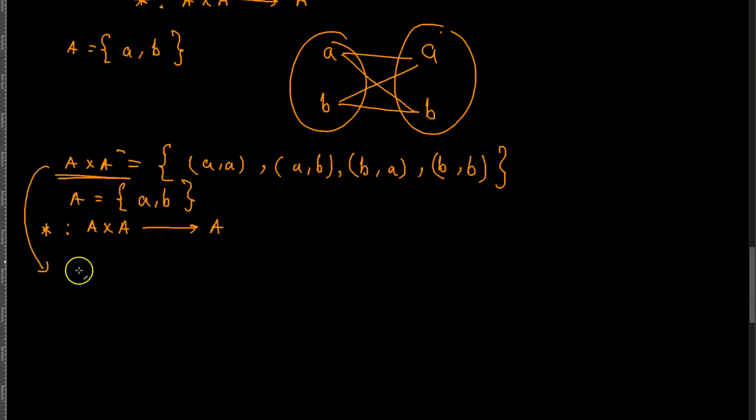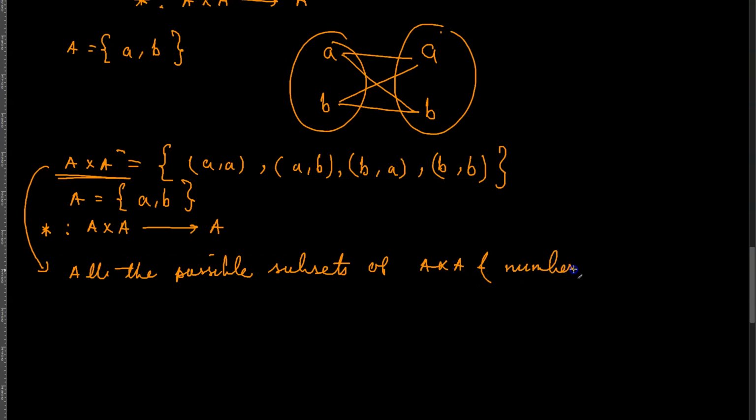So what that means is that all the possible subsets of the Cartesian product of A and A, the number of them would be 2 raised to the power 4, because you have 4 elements here.